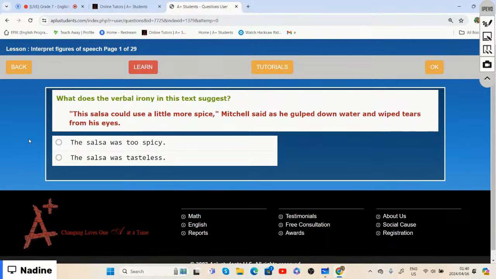Does it mean that the salsa was too spicy, especially since he's been gulping the water, or does it mean that the salsa was tasteless?